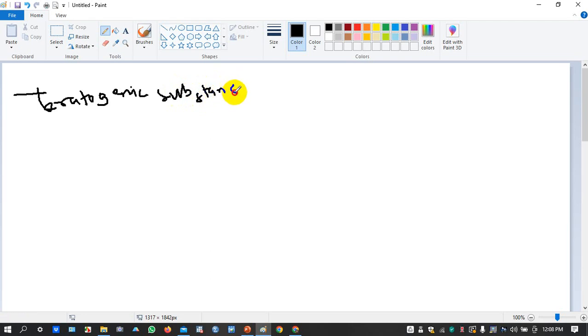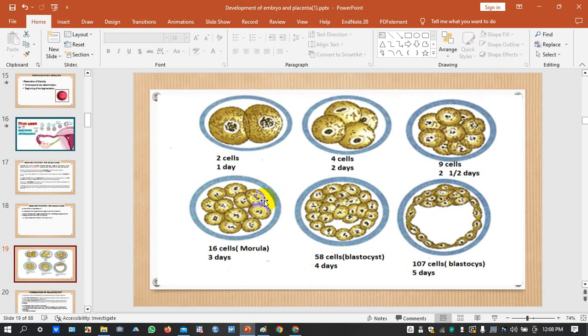Those things are not good. So they go to affect the fetus, or the embryo, at this stage.